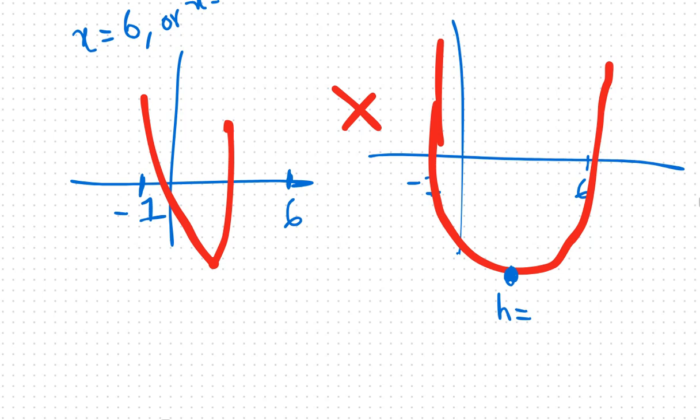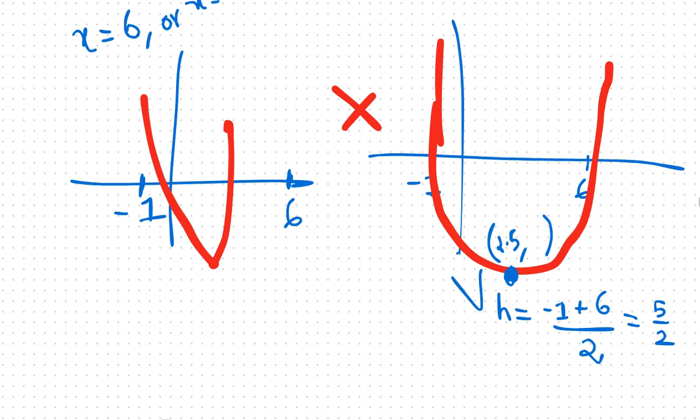Basically, it's not the product, it's addition: negative 1 plus 6, which is 5, and then 5 divided by 2 is 2.5. So 2.5 is the x value of the vertex, correct?